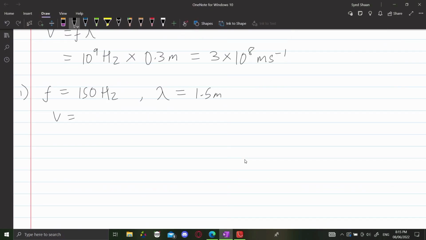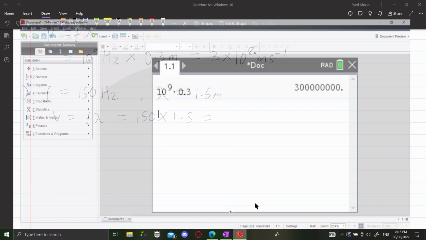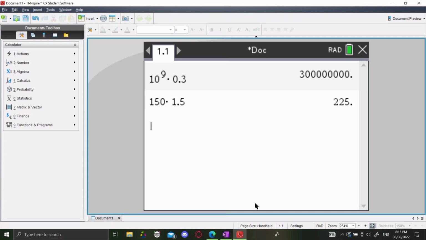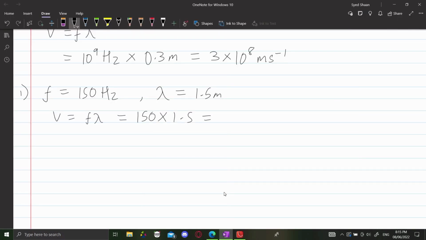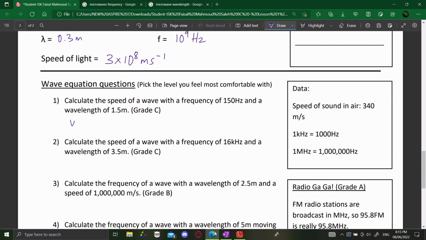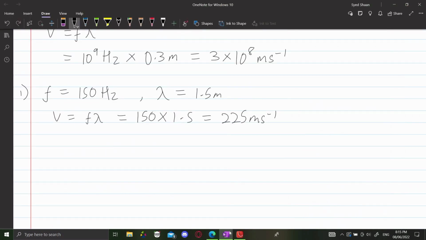So the wave speed, which is the frequency times the wavelength, is going to be 150 times 1.5, which comes out to be 225 meters per second. Yep.